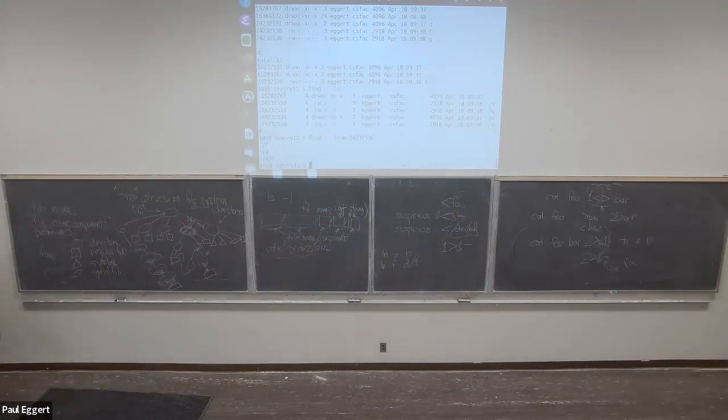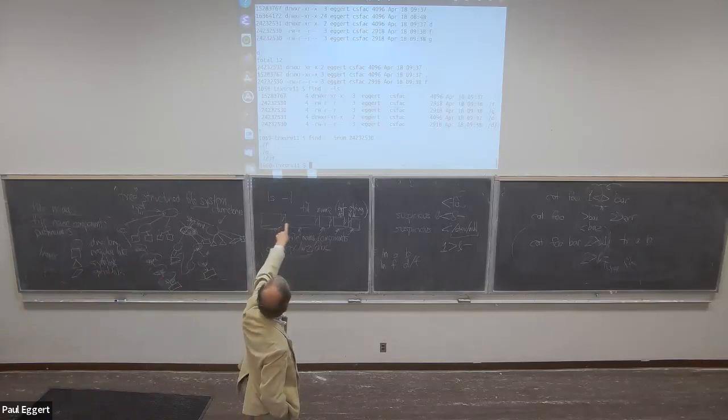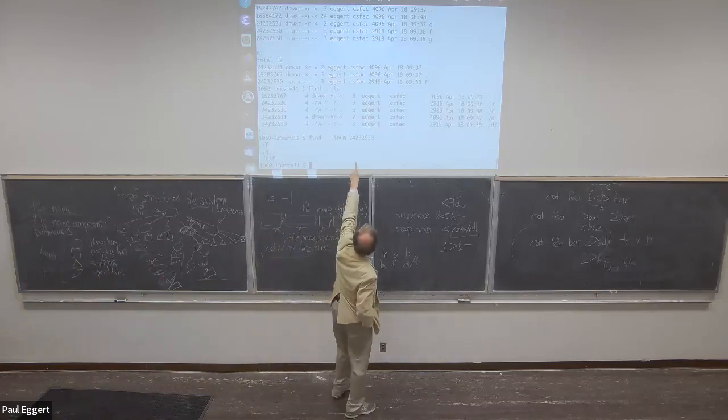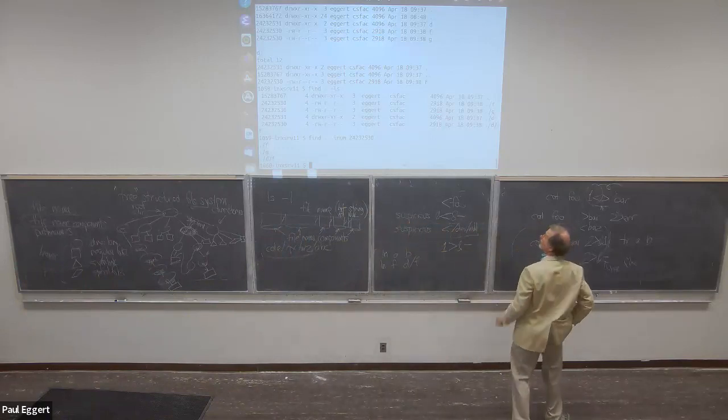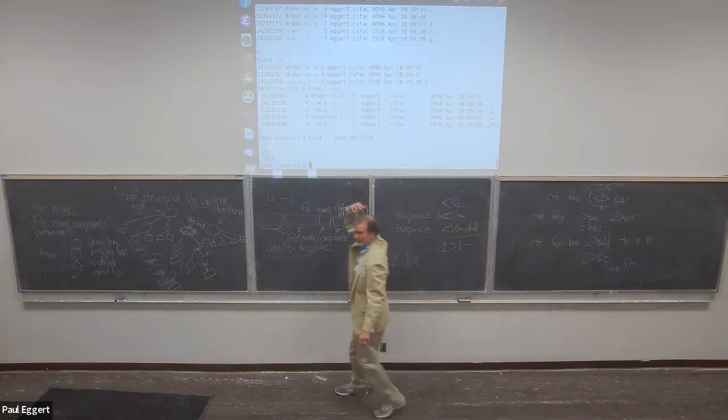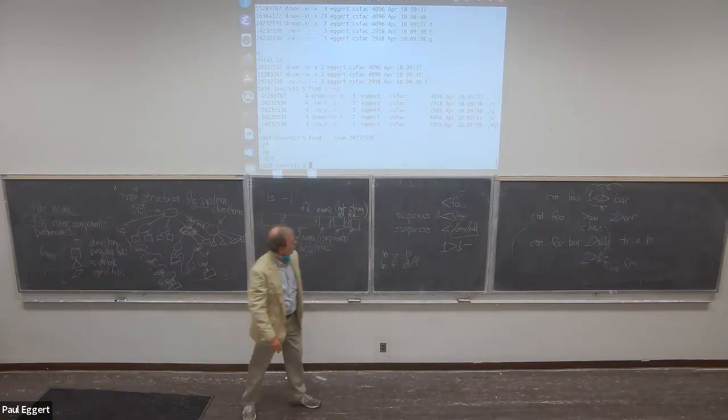Yes. Three and 2. These columns here, right? So one of the columns of ls, it's this column here right in front of my name, is what's called the link count.